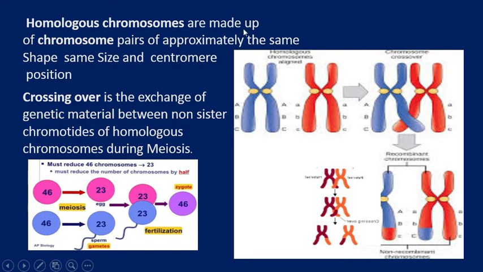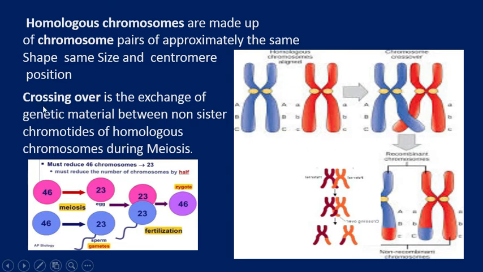Homologous chromosomes are pairs of chromosomes of approximately the same shape, same size, and centromere position. So these two are homologous chromosomes, and these two are also homologous chromosomes.